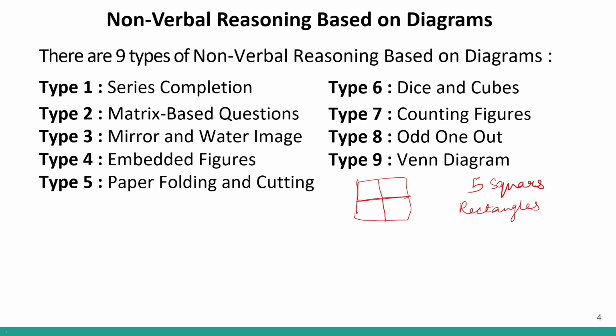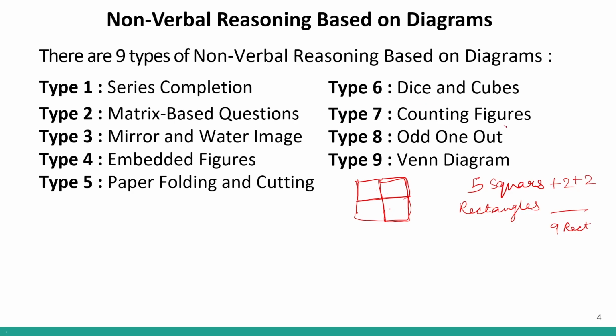Now if you look at this image, this is also a rectangle. So plus 2. And if you look at this image, this is also a rectangle and we have 2 images like this. So plus 2 again. Clear? So in total we have 5, 2 plus 2, 9 rectangles. So this is the type of question that you get in counting figures.